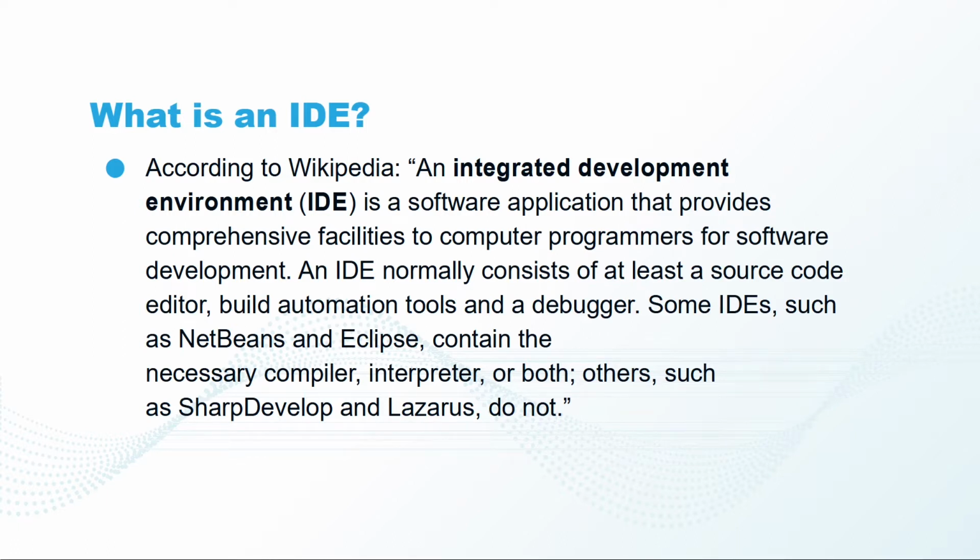So, an IDE normally has three parts: source code editors, build automation tools that help you deploy and package your application software easily, and a debugger which helps you debug the issues in your source code, right? So an IDE is not just a simple text editor, it's more advanced software than that.